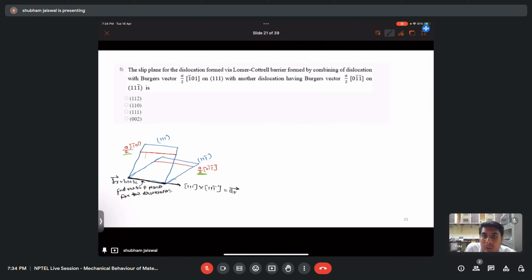Now you have the line vector and Burgers vector. If you take their cross product, you will get the slip plane. Let's try to find it and tell me the answer.